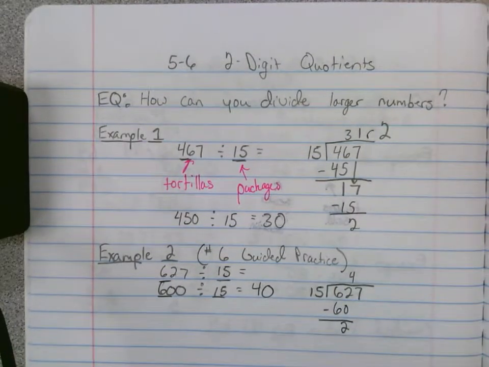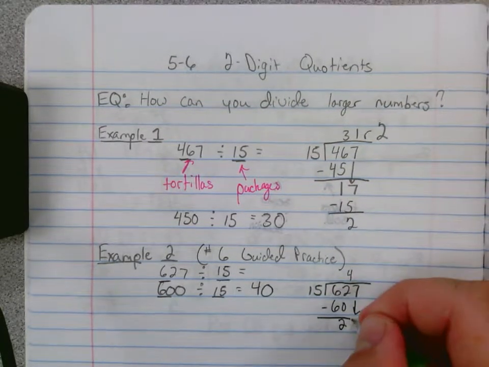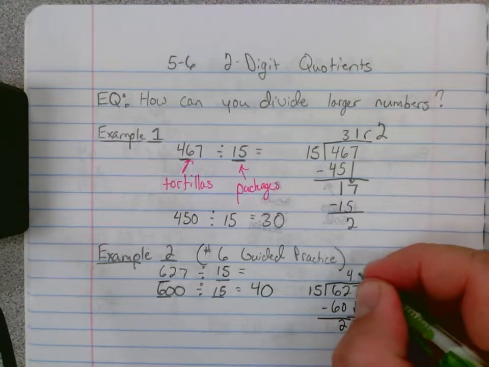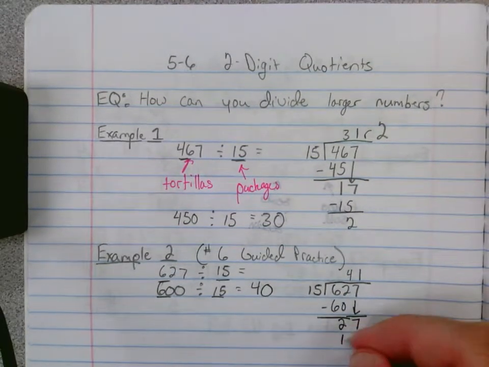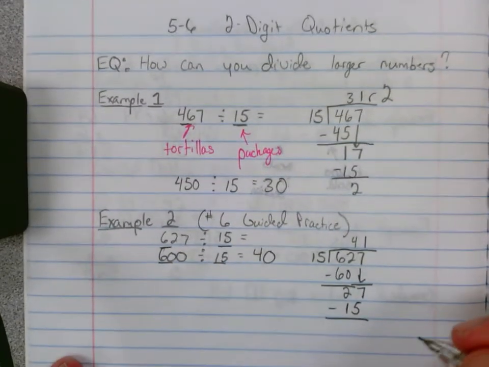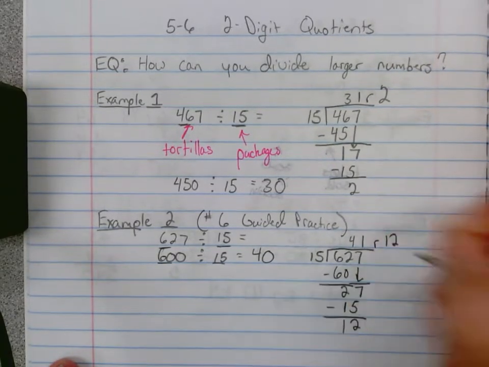I know 15 does not go into 2, so I'm going to bring down the 7. Does 15 go into 27? Yes, one time. 1 times 15 is 15. The difference between 27 and 15 is 12. So I will have 41 with a remainder of 12.